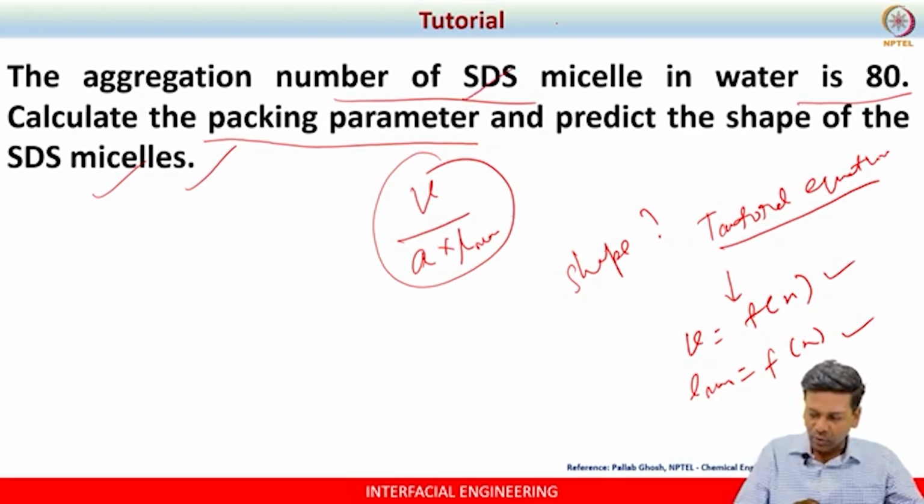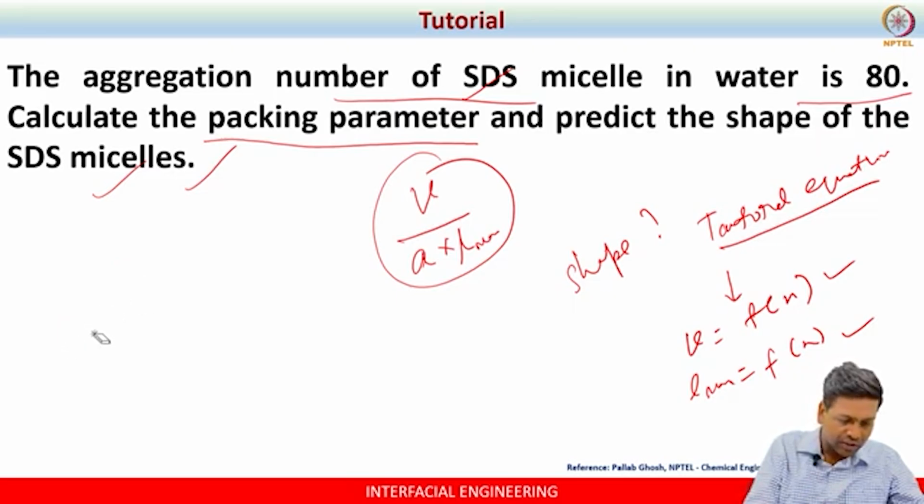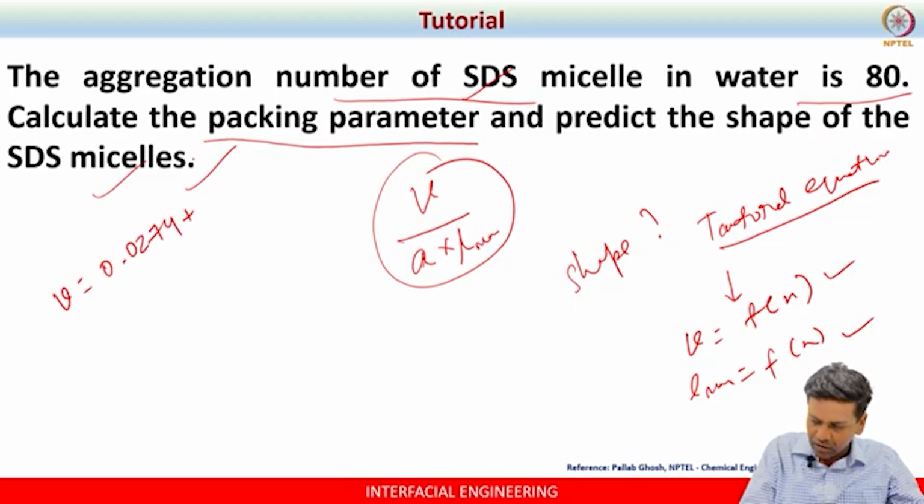one can use this equation, that is V equal to 0.0274 plus 0.0269 n.